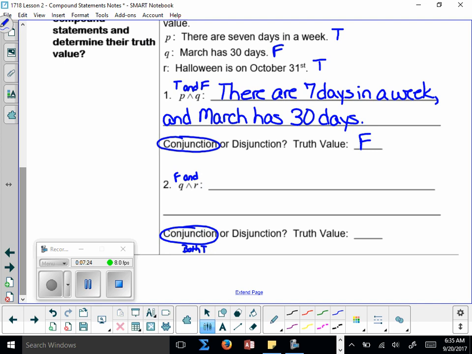Halloween is on October 31st is a true statement. So this conjunction is going to be false again. Let's write it. Q, March has 30 days, comma, and Halloween is on October 31st.